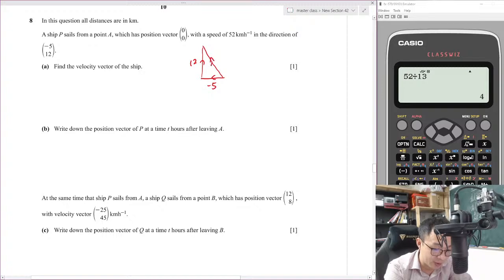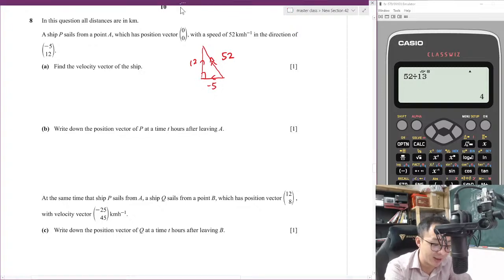So this will be the direction of the ship P. But the speed actually is the magnitude, which is 52. Then you ask yourself, by doing the Pythagoras, square root of (-5) square plus 12 square, you will get 13.